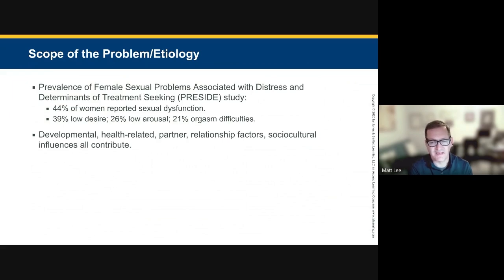Typically, there's not a lot of issue with a woman if there's not a mismatch. If her desire is similar to her partner's desire, there's a match, there's usually satisfaction. If they are at different places, there can be discord and dissatisfaction.